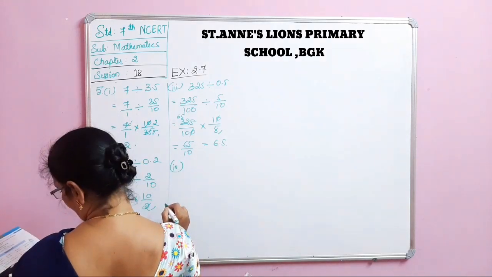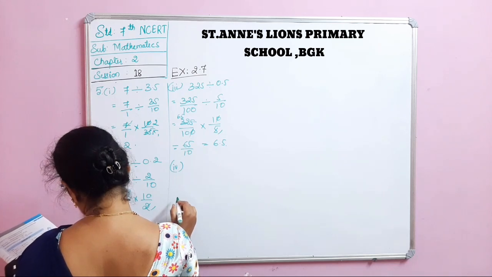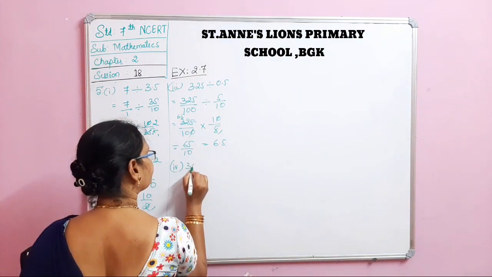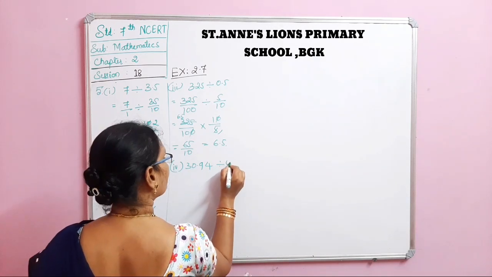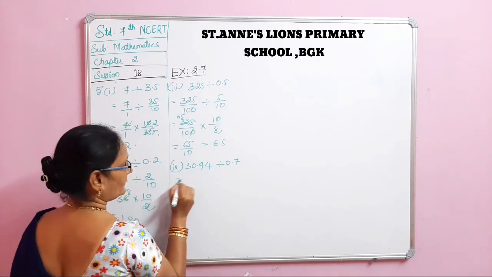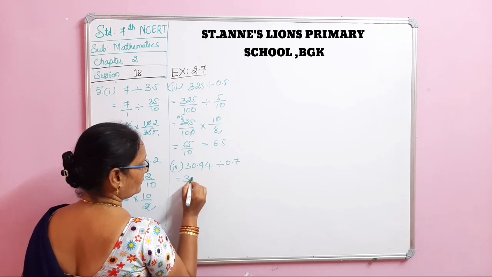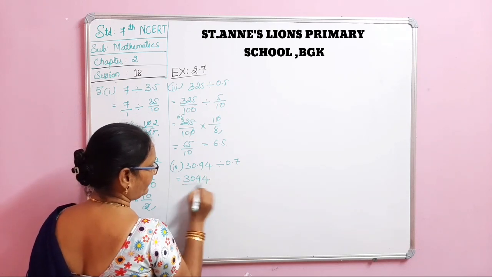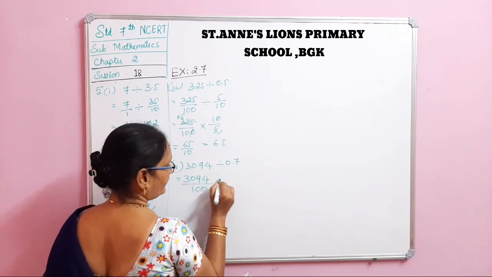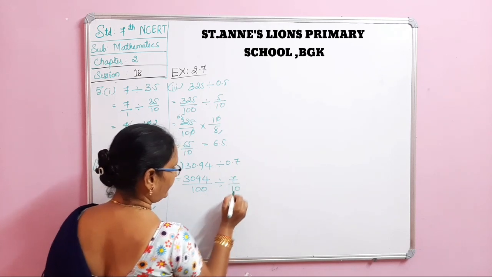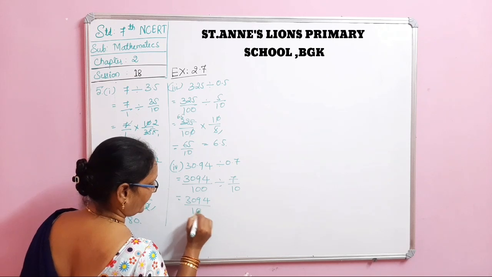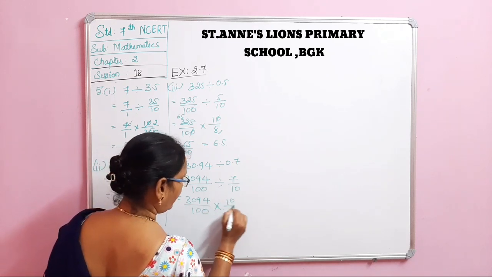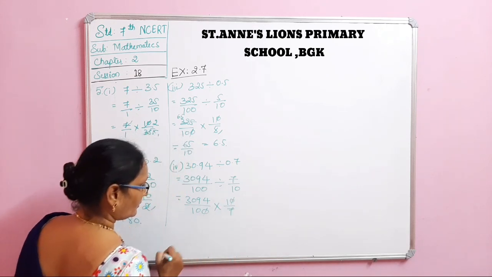Then next, the fourth one, 30.94 divided by 0.7. So this equals 3094 divided by 100 divided by 7 by 10. So 3094 divided by 100 into 10 by 7. 0, 0 got cancelled.